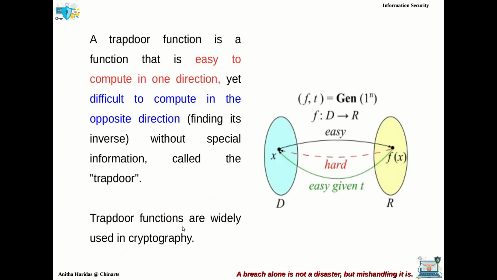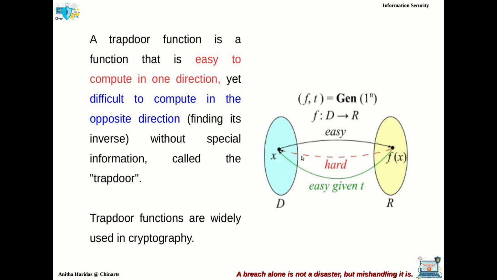Now, what do you mean by a trapdoor function? A trapdoor function is nothing but a function that is easy to compute in one direction yet difficult to compute in the opposite direction, right? So, you can calculate the value of y using f of x, but the inverse is very difficult.